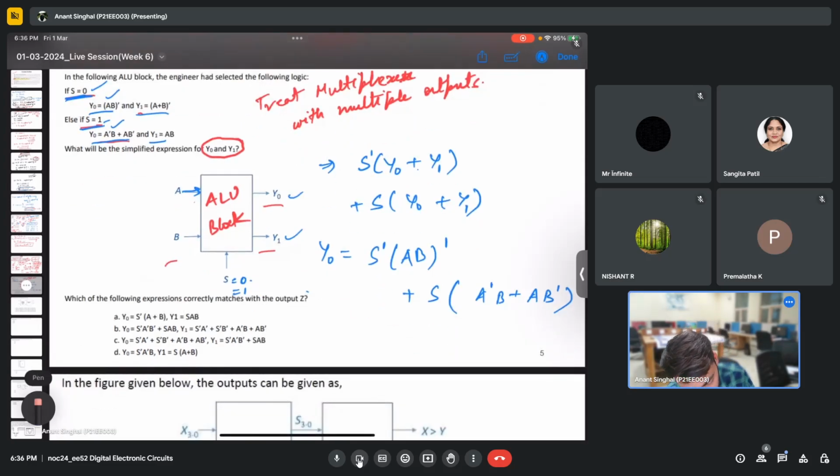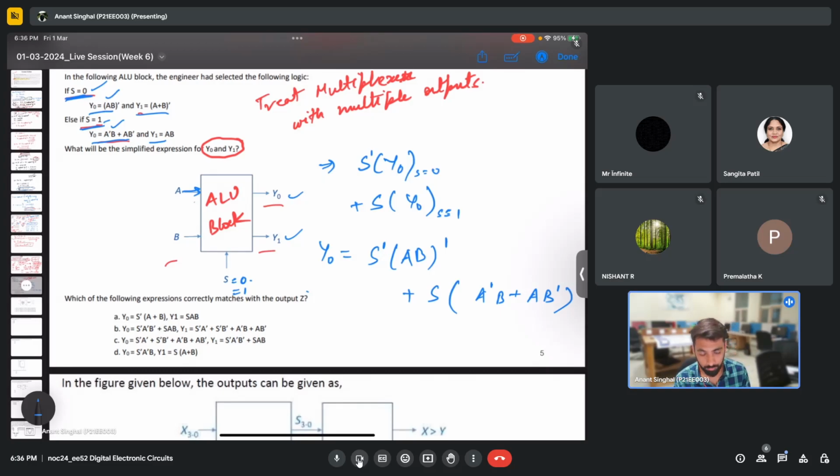So for the first part, that is y0, let's delete this out. Now it is maybe a bit more clear. So S bar times the first expression plus S times the second: here S is 0, here S is 1. This is how you will get the simplified expression for y0.